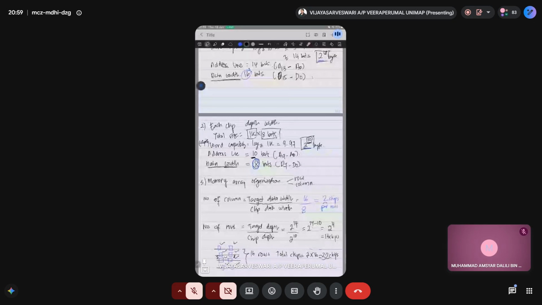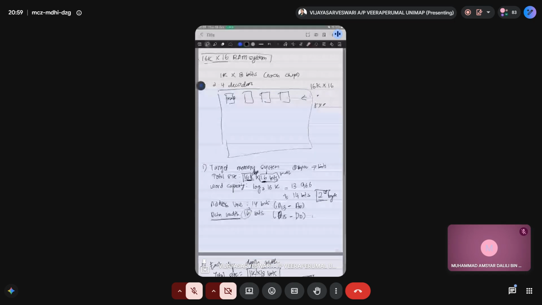So you require 32 chips for the total capacity. That means in one system, you need 32 chips, where the rows you should have is 16 rows, and the chips you will have is 2 chips each row. So that is basically what we are doing here.